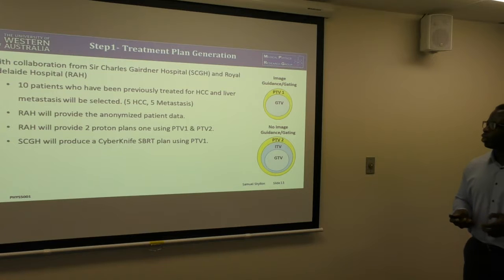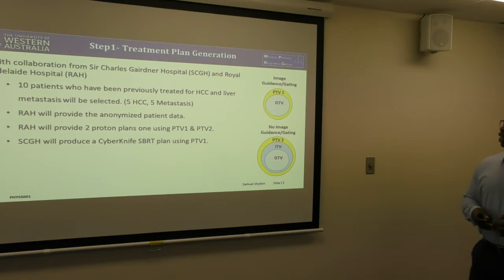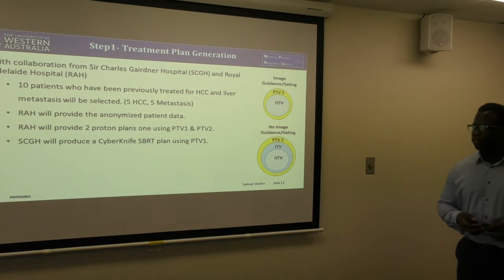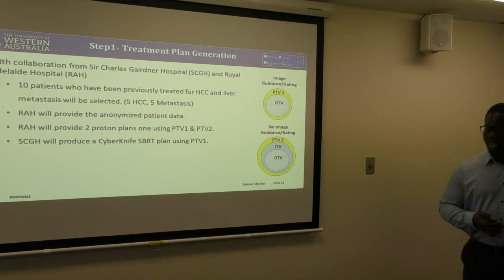One using PTV1, which does not include the ITV, to simulate image guidance and gating treatment, and PTV2, which represents a treatment where there is no image guidance or gating. And the second hospital will produce a CyberKnife SBRT plan using PTV1.